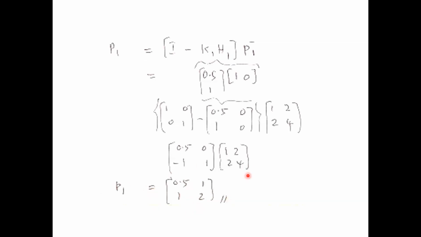It is 2 by 2 because the process estimates two states, x1 and x2. This is the variance of the first one, state variable 1, which is position. This is the variance of state 2, that is the velocity.